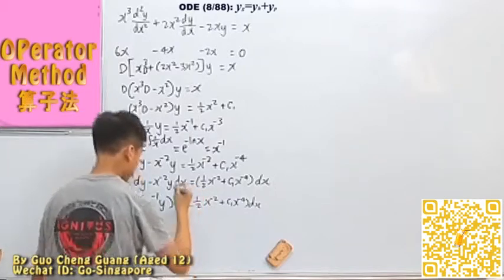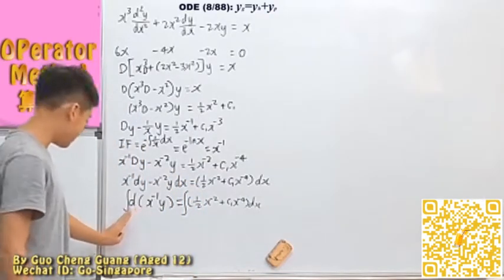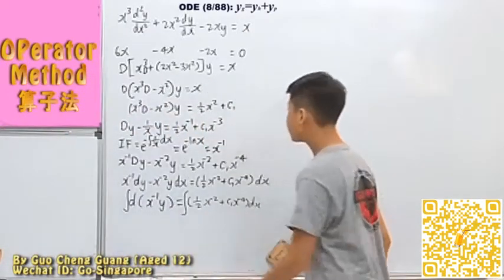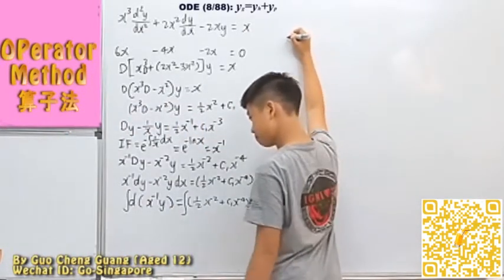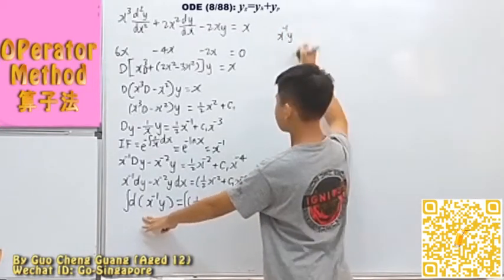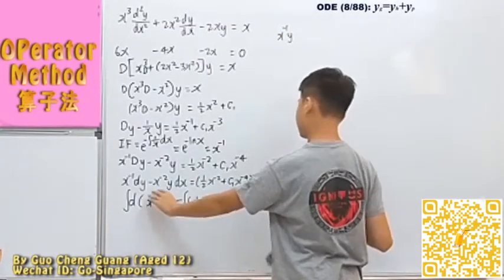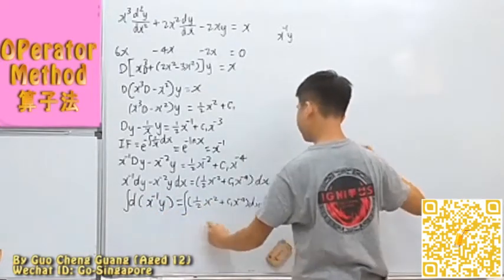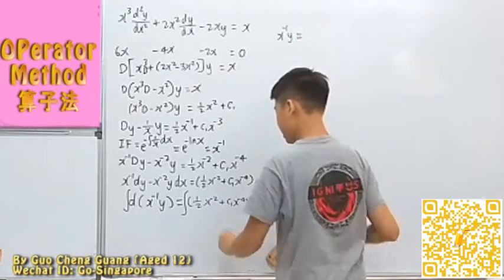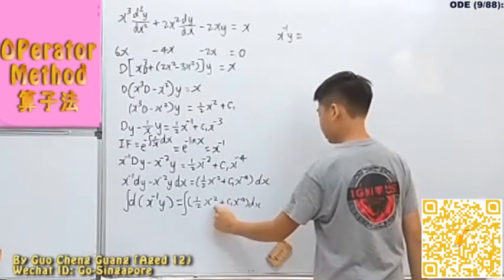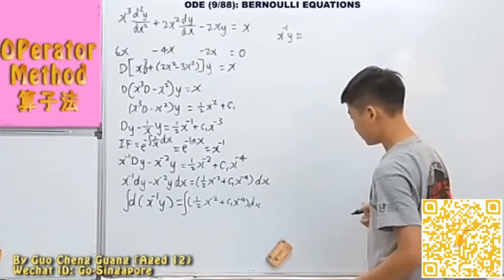Then you integrate on both sides. So from this part you integrate on both sides. Next part you will get x to the power of negative 1, then you times the y. So this part is just the same. Well, on the other side, you can choose to think of them as separated.